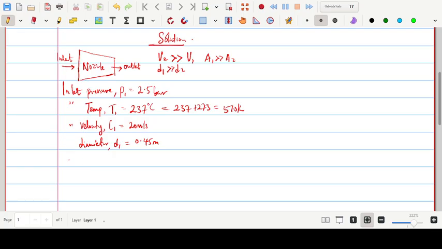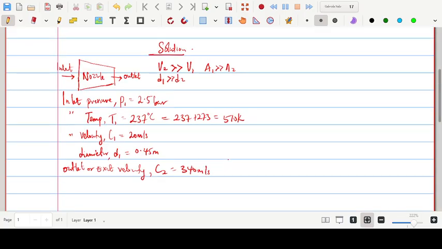So the question said you should achieve an exit velocity of 340, we call it C2, 340 meters per second.